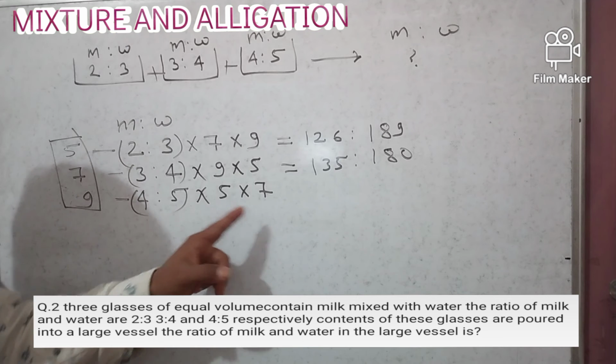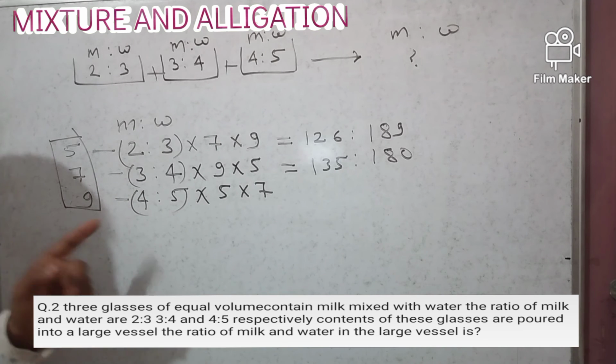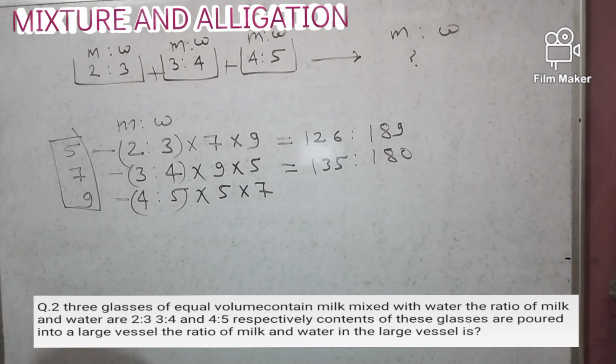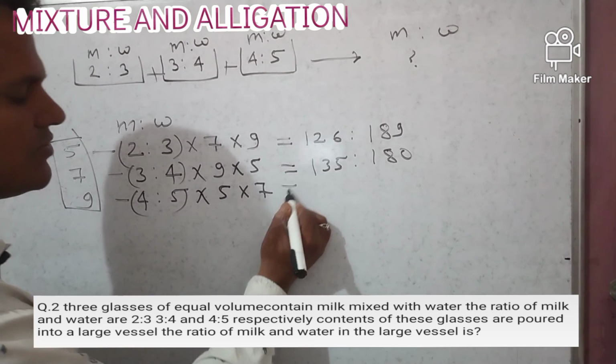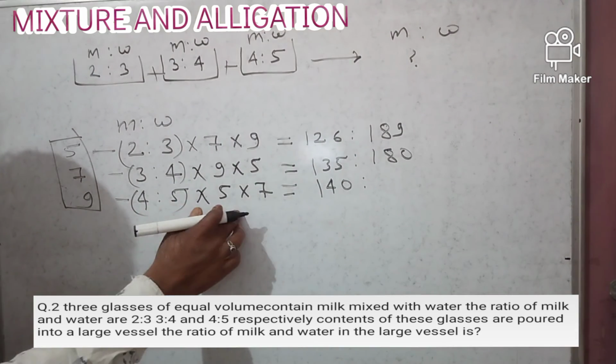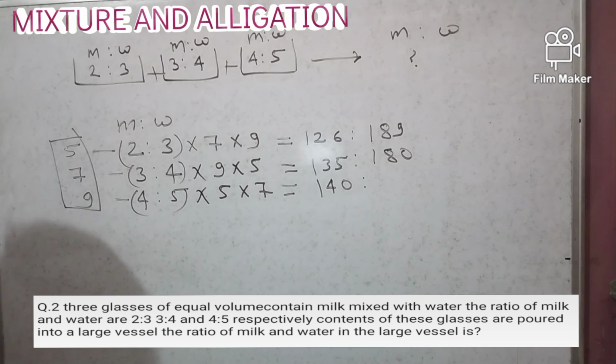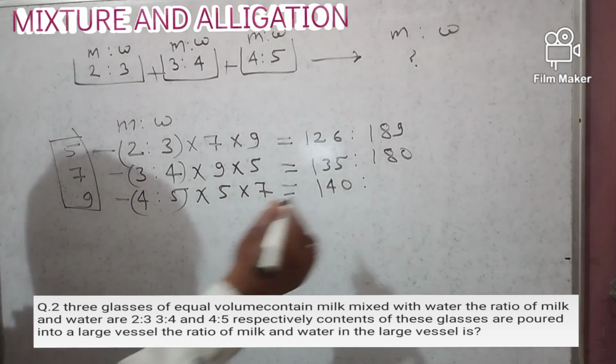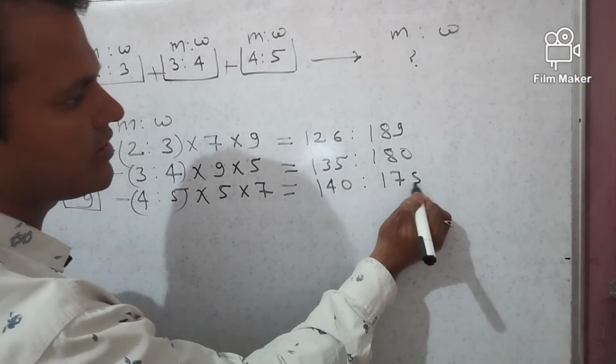Right? 5 times 7 is 35, 35 times 4 is 140, and 35 times 5 is 175.